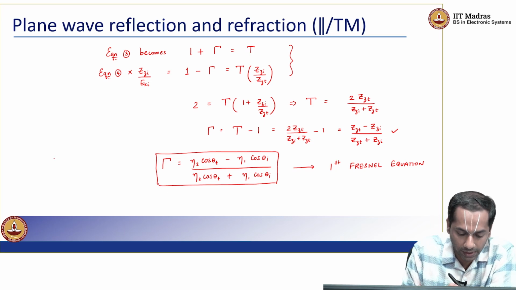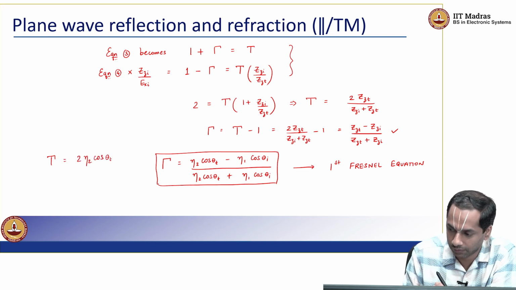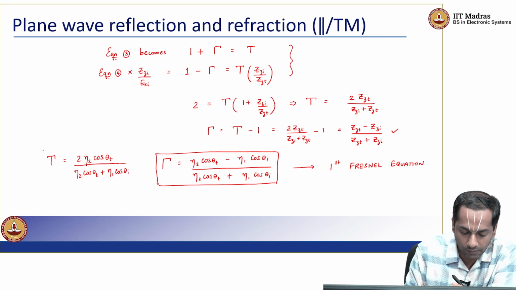So, let us also write the expression for t, which is 2 times eta 2 cos theta t divided by eta 2 cos theta t plus eta 1 cos theta I. Okay.